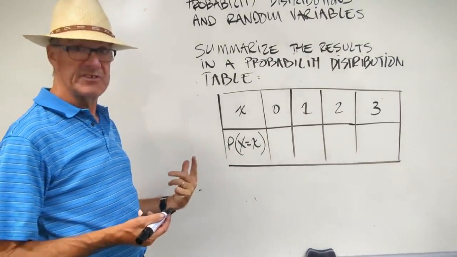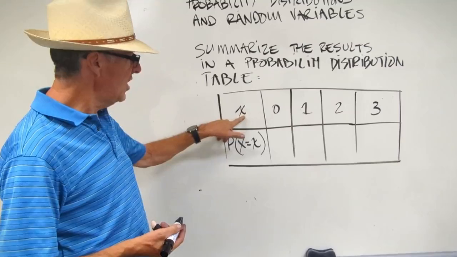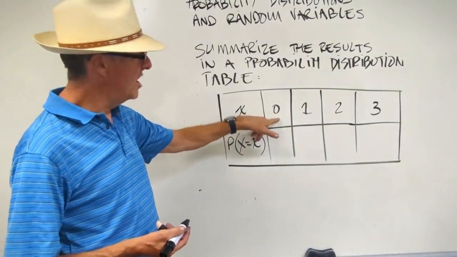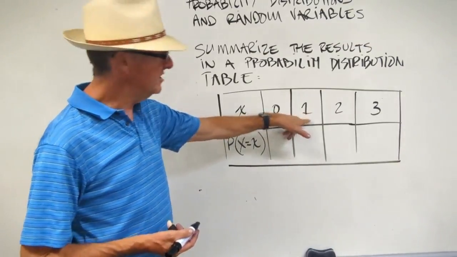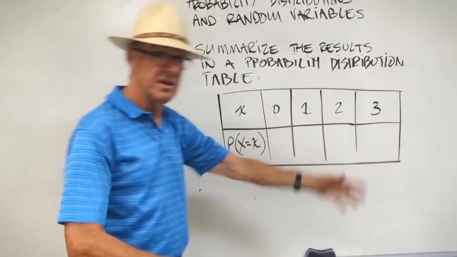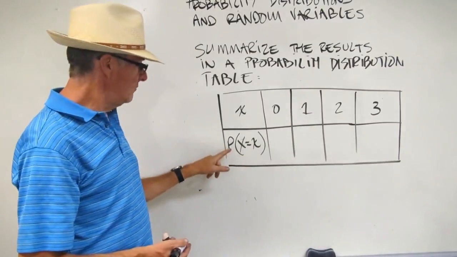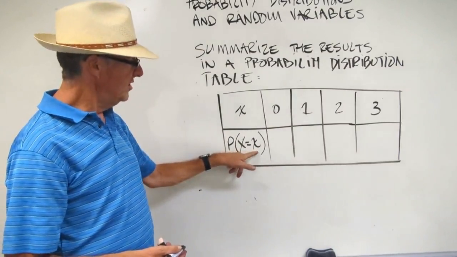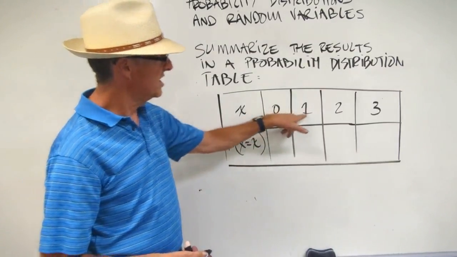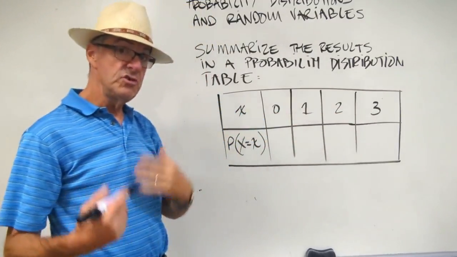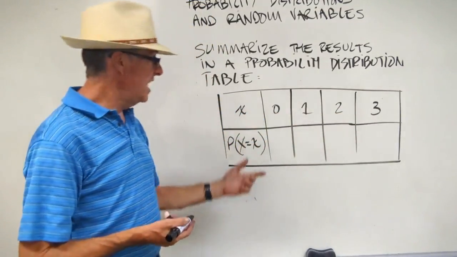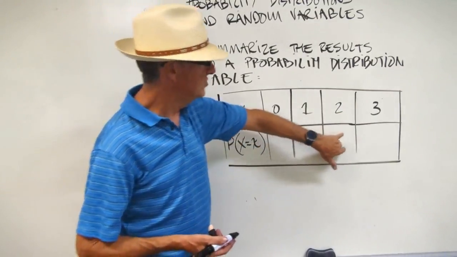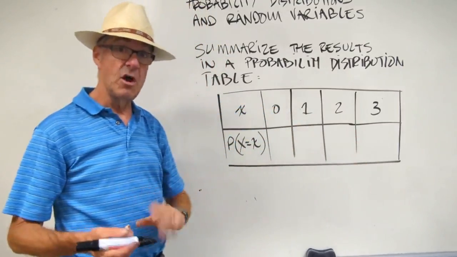So what this table is asking you is, for the lowercase x, what's the probability of getting none, 1 6, 2 6s, or 3 6s? So here's the notation. Probability uppercase X, that's the random variable, equals the lowercase x, which is the number here. So what you do is you look at your tree and you write in the probabilities for getting 0, 1, 2, and 3. So pause the video and do that.